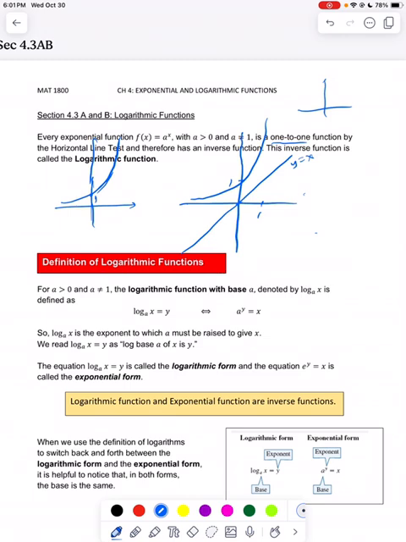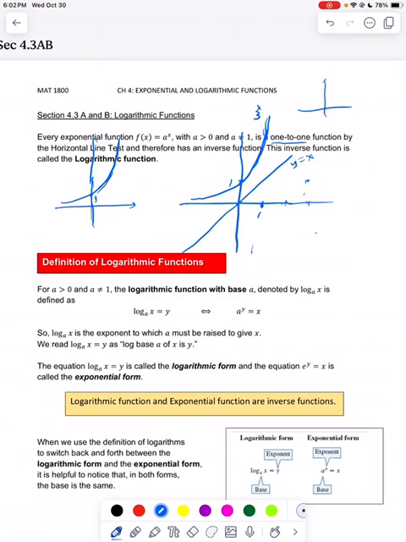If you reflect this about the line, any point, for example, if we are looking at 3 to the x, we have a point 0, 1 here, so that will become 1, 0. The point 1, 3, at 1 the value is 3 for the exponential function, will become 3, 1. So at 3 it will be 1.